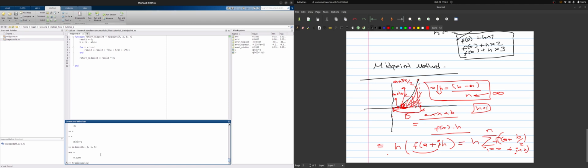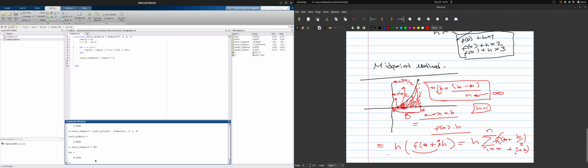Trapezoidal of V, 0, 1, 5. Okay, now exact midpoint, exact solution minus midpoint of V with 5 steps, times 100. So this is the error.